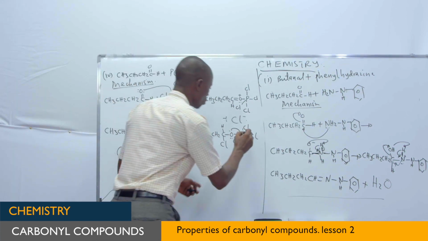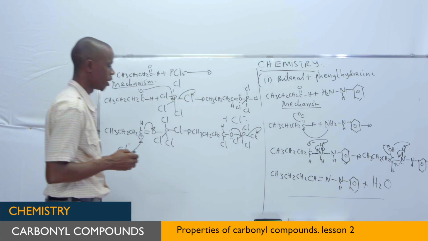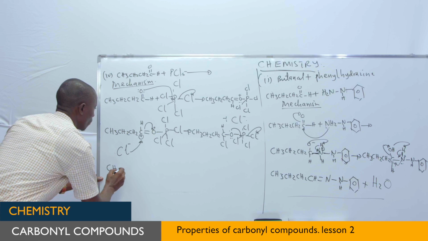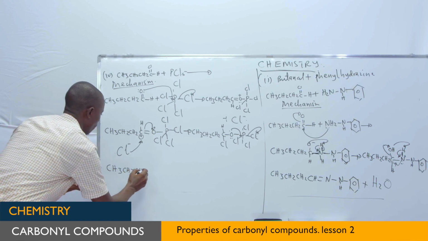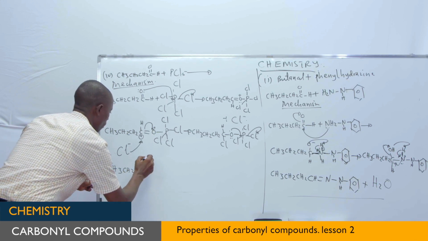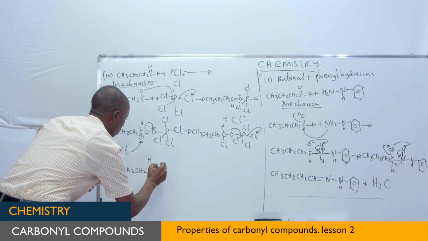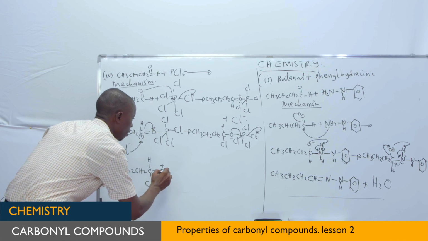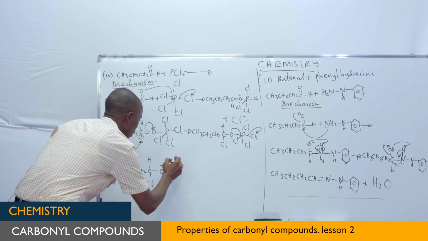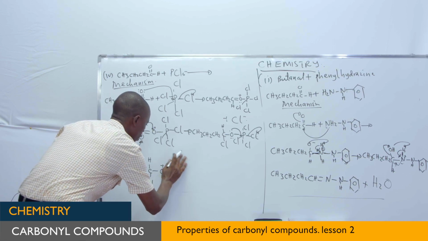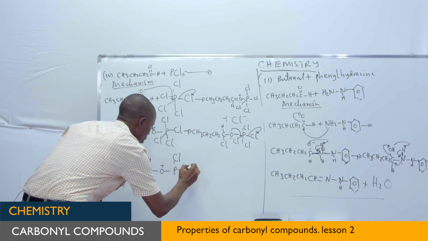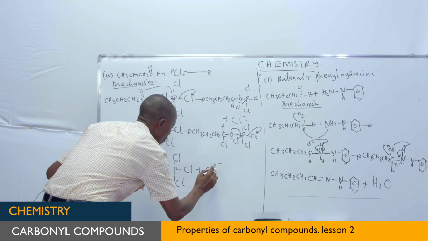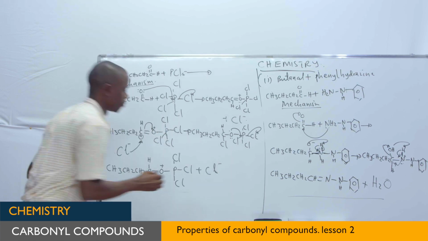It can attack the phosphorus atom, making the electron move to the chlorine atom, which is more electronegative. So we are going to form the following. This one, after losing the proton, will be positively charged, plus the chloride ion.